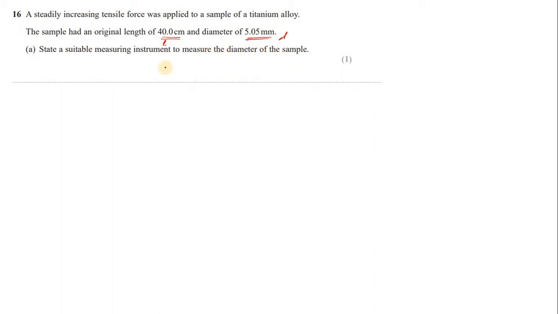A typical question about measuring the diameter of a wire, and the instrument that we use to measure the diameter of a very thin object or a wire is the micrometer screw gauge. It's 1 mark, so you just need to give the name of the instrument.